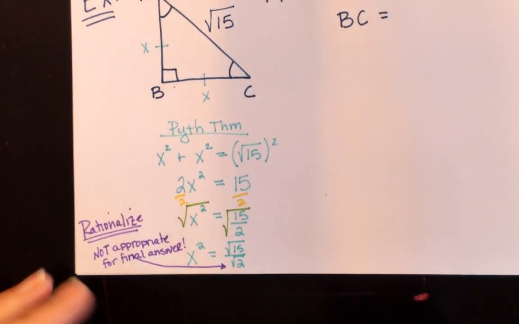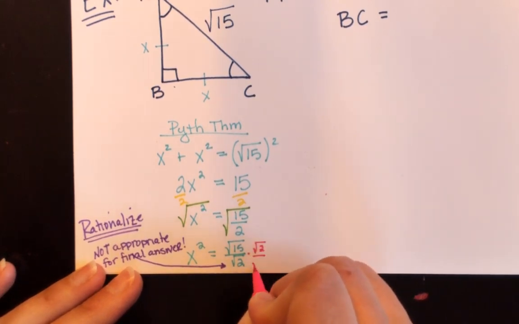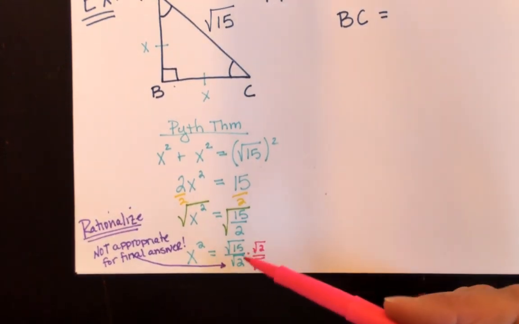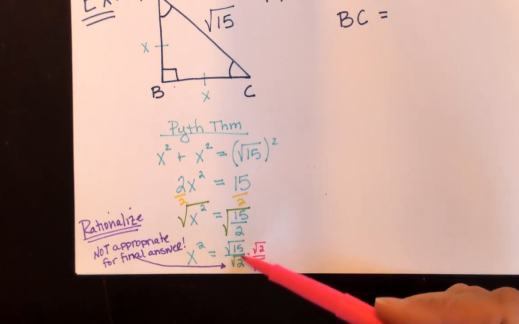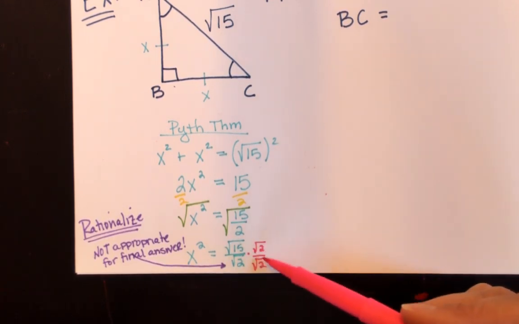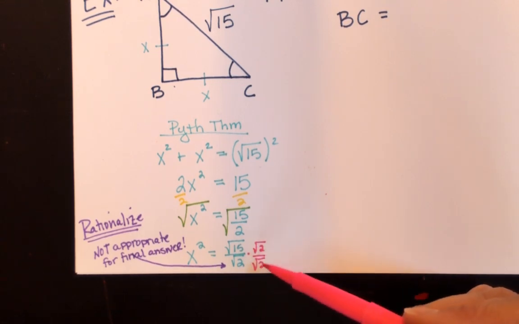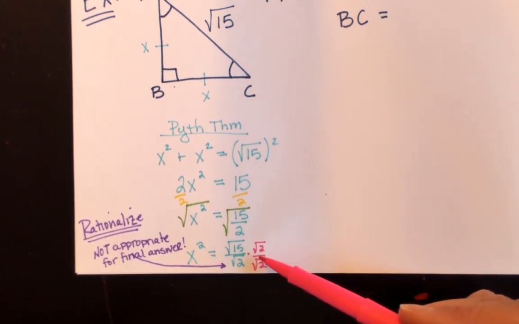So we're going to multiply top and bottom by radical 2 over radical 2, because radical 2 over radical 2 reduces to 1. So any number times 1 is itself.